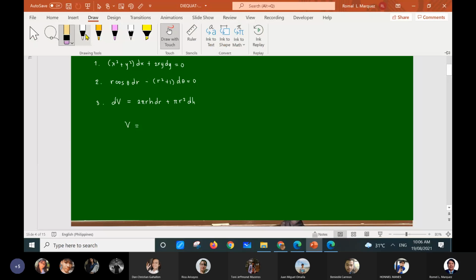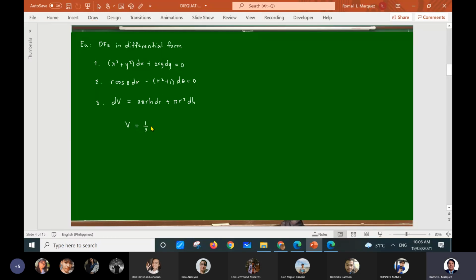Let me have it for a cone, so that r is varying also. Am I correct? Because in a cylinder, the radius is not varying, only the height. If, let's say, you put water, as the water level increases, what is happening to the radius? It still remains constant, no? And the only one that is varying, between the r and the h, is just the h, and of course the volume. Okay? What's the differential of this? The derivative of V is equal to 1/3.